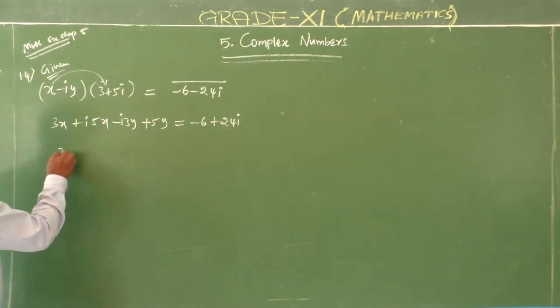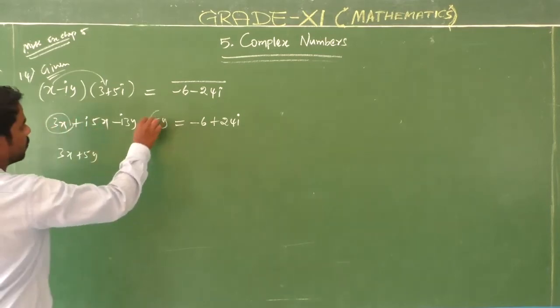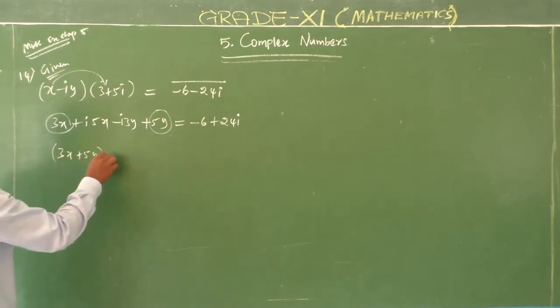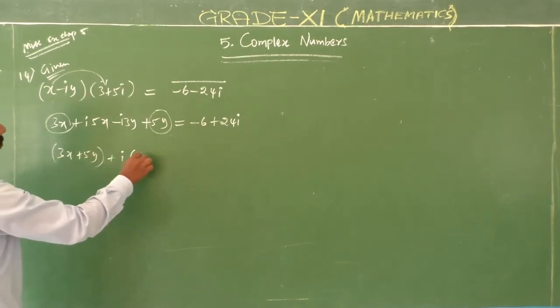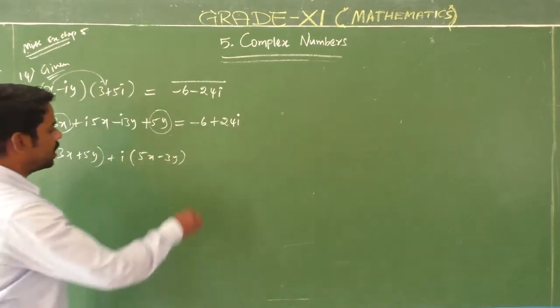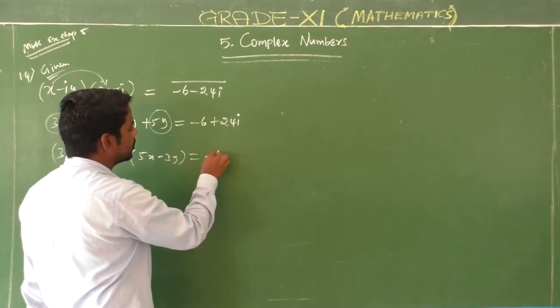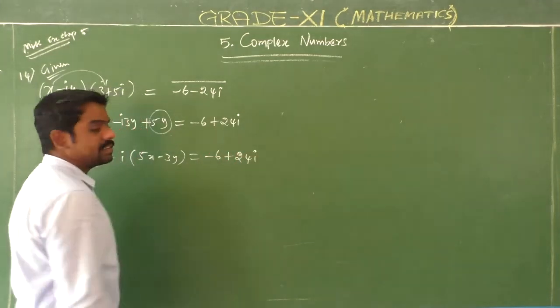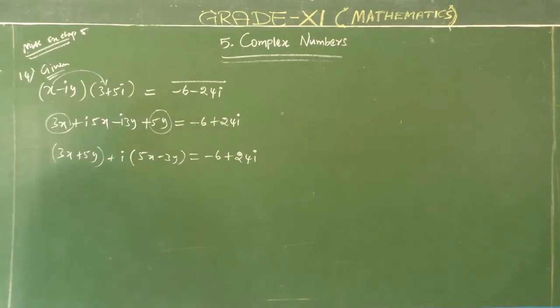Simplify this. 3x plus 5y is the real part. The real part of the left hand side is 3x plus 5y, plus i into the imaginary part 5x minus 3y, is equal to minus 6 plus 24i.